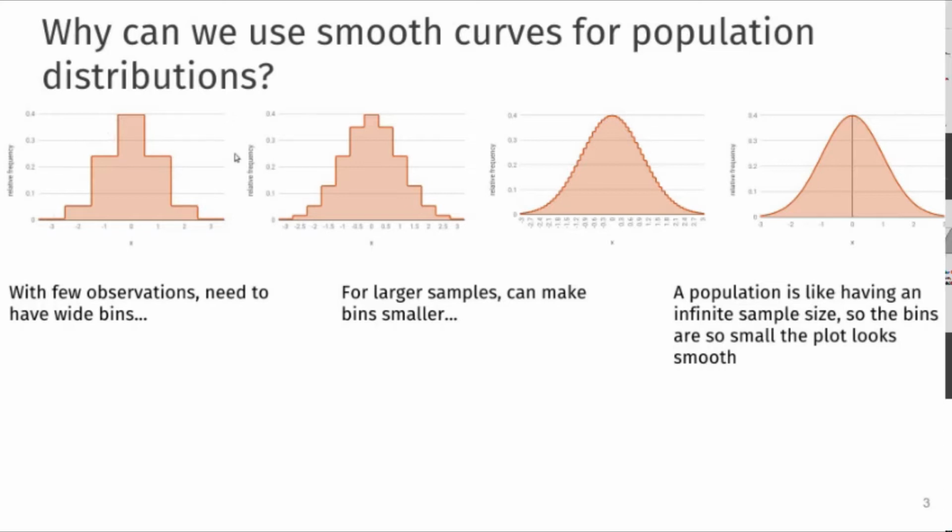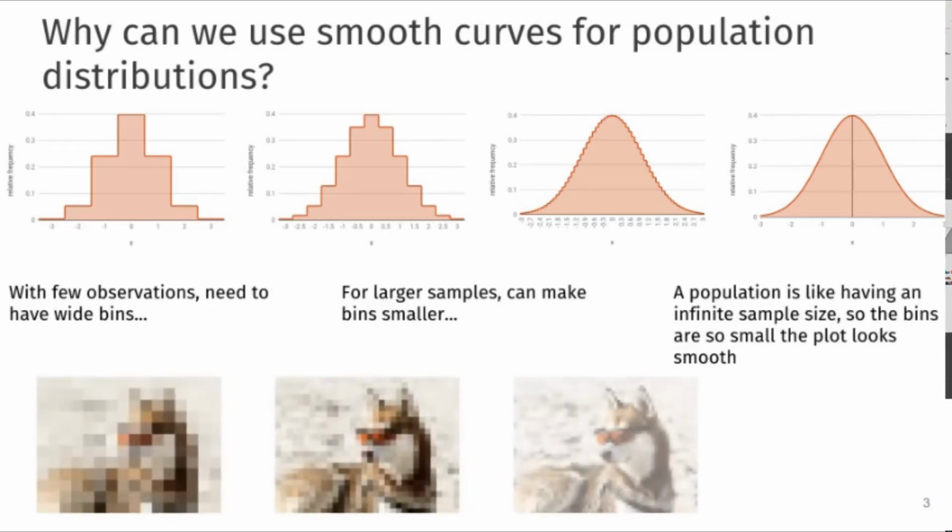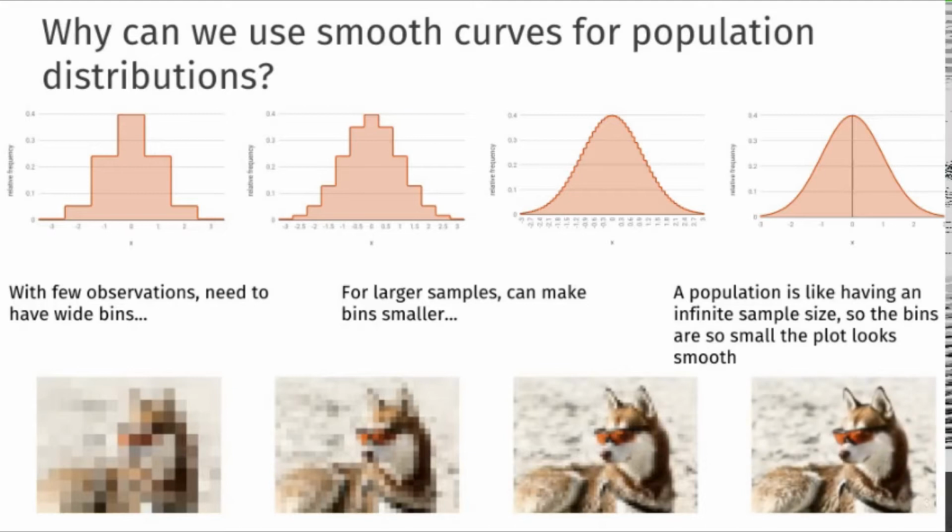So to go back to one of my favorite examples of dog pictures, it's sort of like starting from a very low resolution picture of the data where we have to take a fairly coarse grain, and as we get more and more observations, we can pick out more and more of the small scale structure in the data until eventually it might as well be a nice smooth curve, and we've basically gotten a picture of the population and not just of our sample.